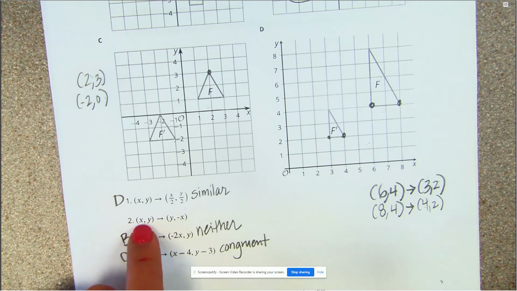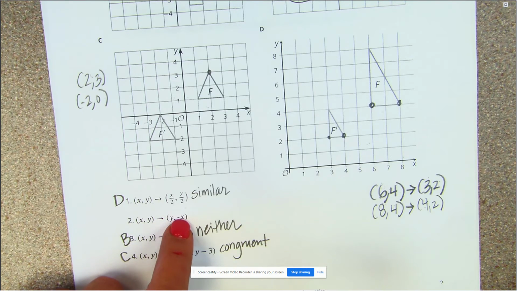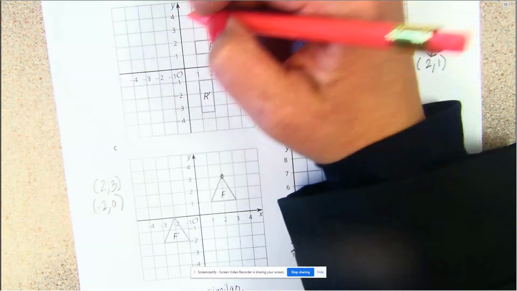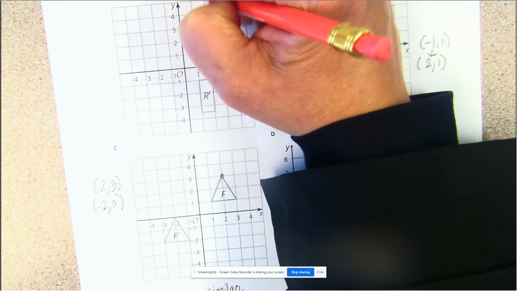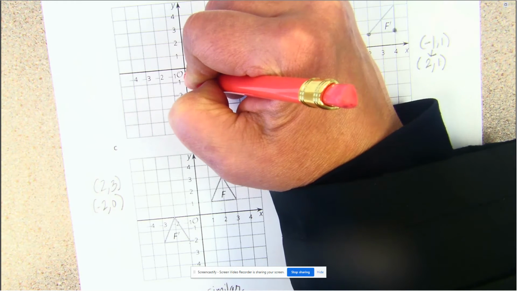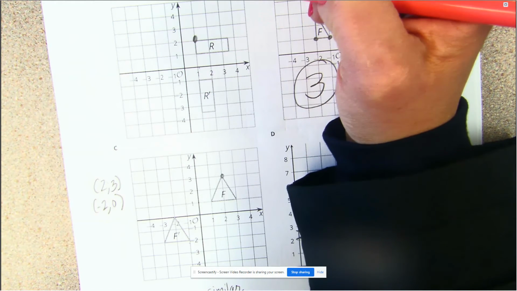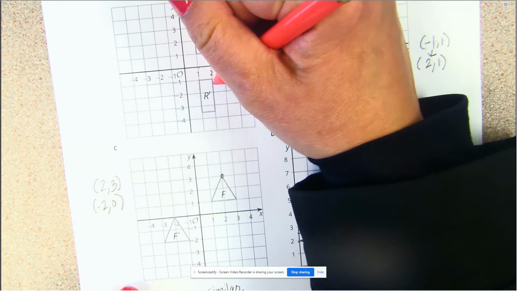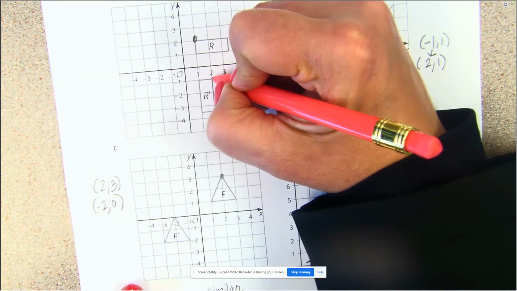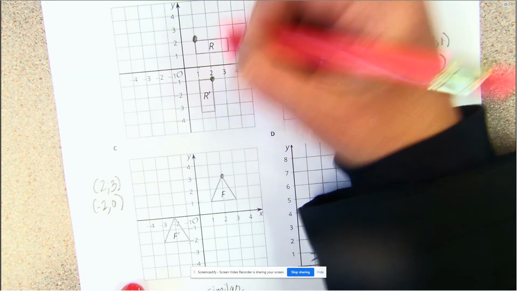It looks like this rule says to switch the x and y and then make the new y negative. Let's see how that works. So this was the point 1, 2, and it became the point, I don't actually know which point that became. Oh, it's right here, sorry. It became 2, negative 1.